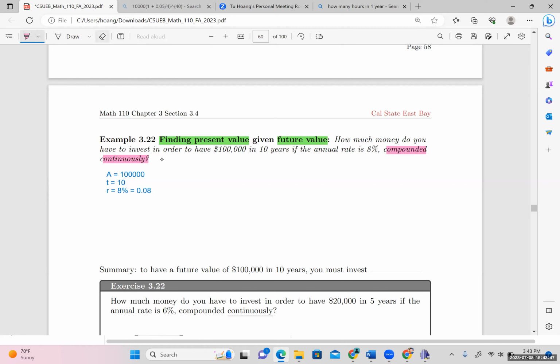Compound continuously, I have to highlight that, because we have to use the formula for continuous compounding. We have A equals P times E raised to power RT.